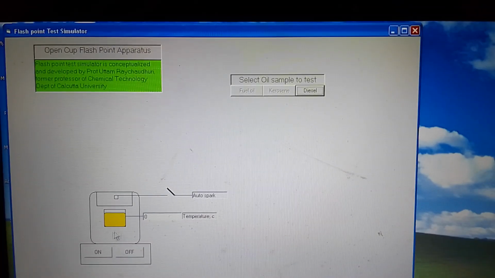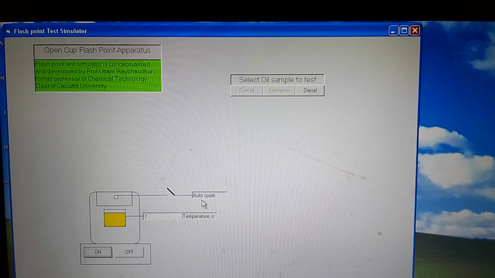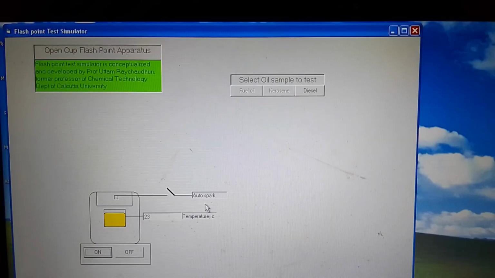Now again the cup has been filled with diesel and start the heater on, and the temperature is noted, and electrical sparking is started. At the minimum temperature some explosion or spark flame will be produced. That is your flash point, so it's called flash. So just look at this temperature at which it's happening for diesel.